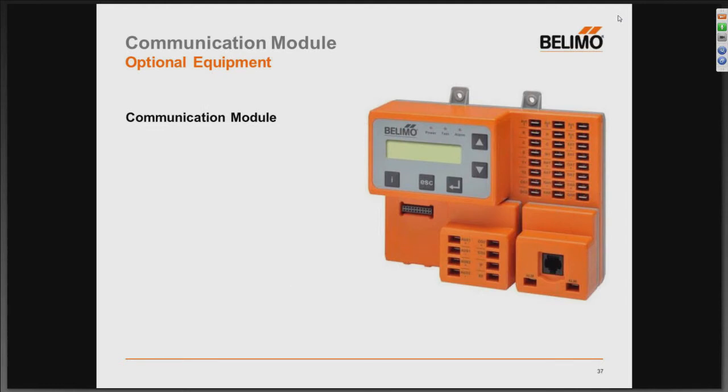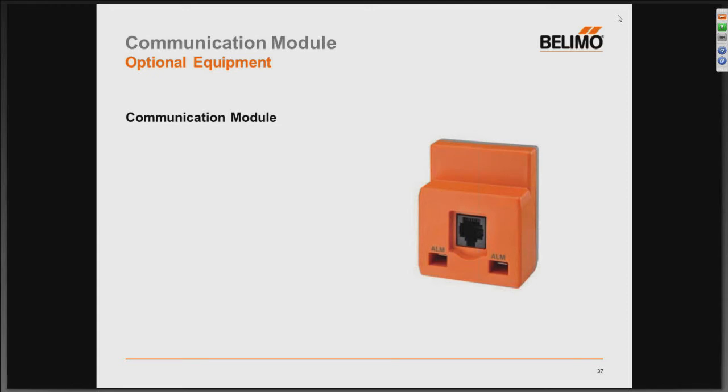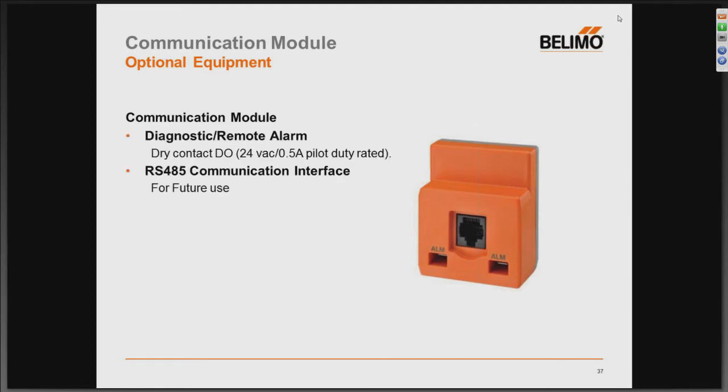Now, the communication module. Most common question I get is, I see the RS-485 there. Does that mean that you guys have BACnet? Unfortunately, right now we do not have BACnet. It is a project that we are actively working on, and we hope to launch early next year. For the time being, it is pretty much an internal use device. I plug into it to just monitor what's going on, but it's nothing that's done from a BACnet or communication standpoint, unfortunately.